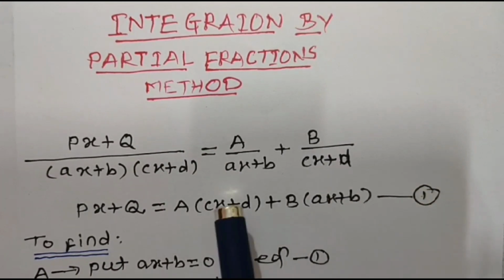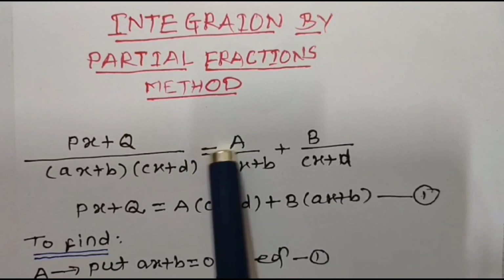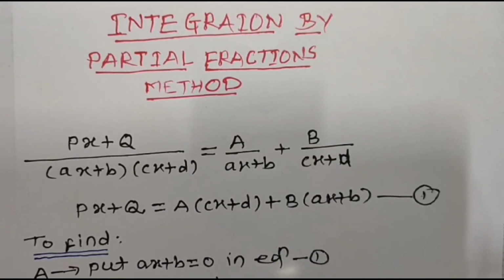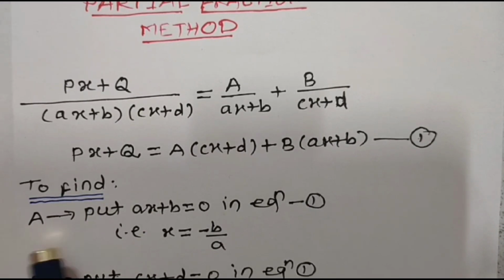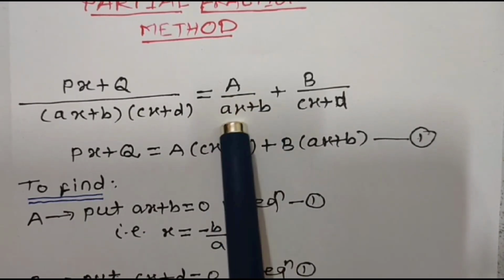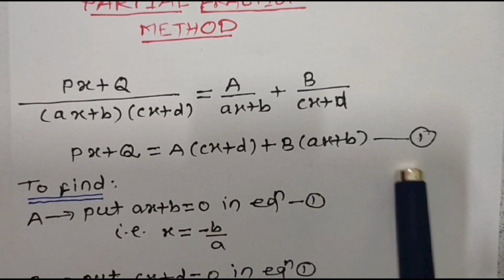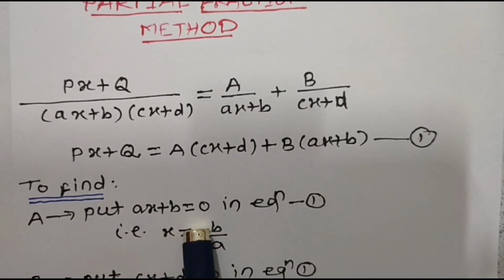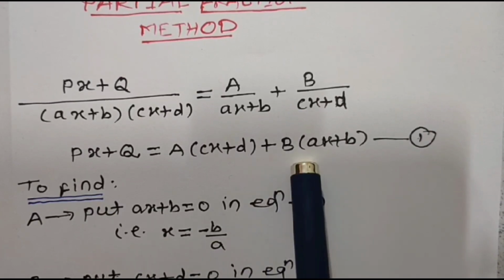Now we have to find the arbitrary constants, capital A and capital B, by using the following method. To find arbitrary constant A, put the denominator of A, ax plus b, equal to 0 in equation 1. We are substituting ax plus b equal to 0, meaning x is equal to minus b upon a, in equation 1.